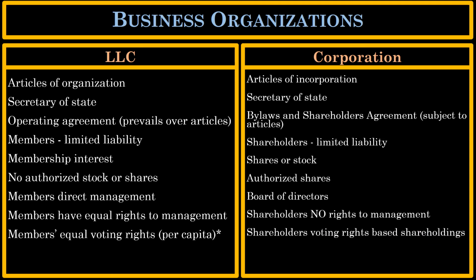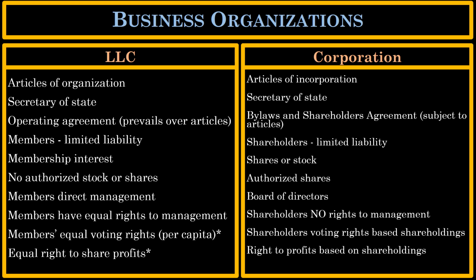In the corporation, shareholders' voting rights are based on their shareholdings. It's 1 vote per share. In the LLC, the members have equal rights to share in the profits without regard to their relative capital contributions.